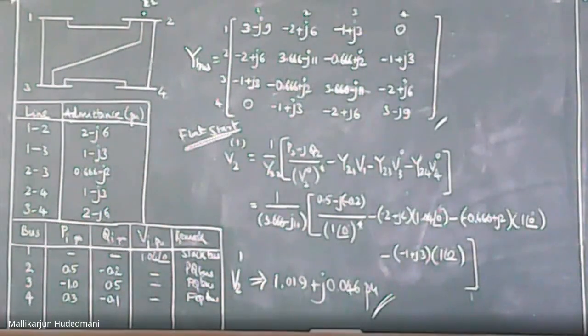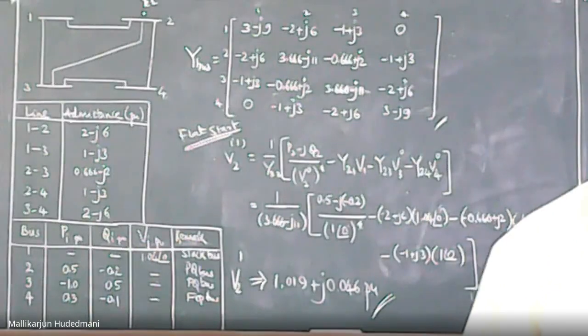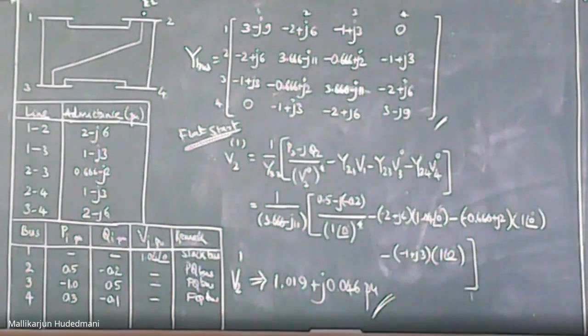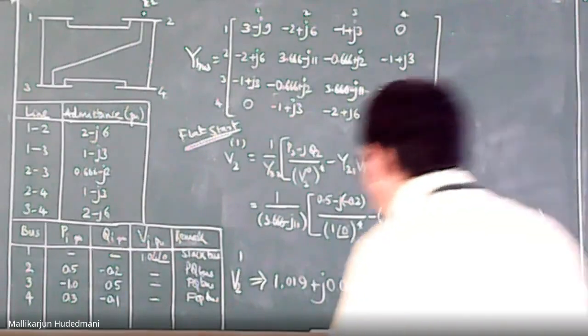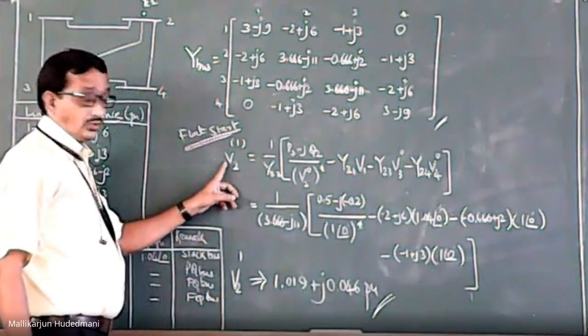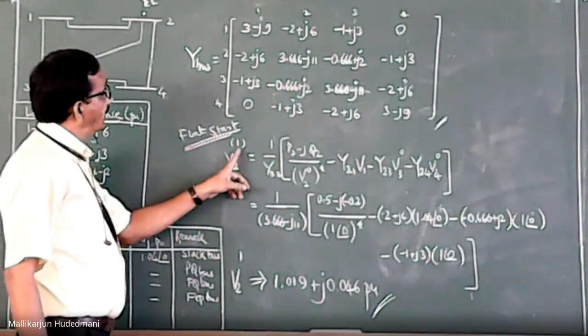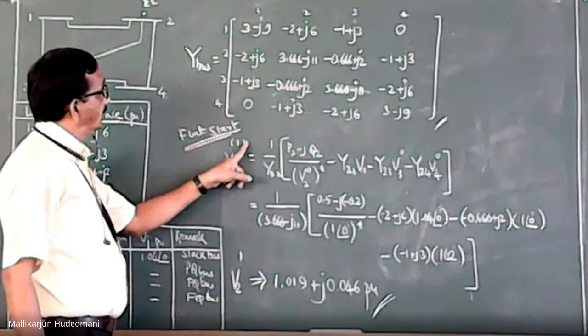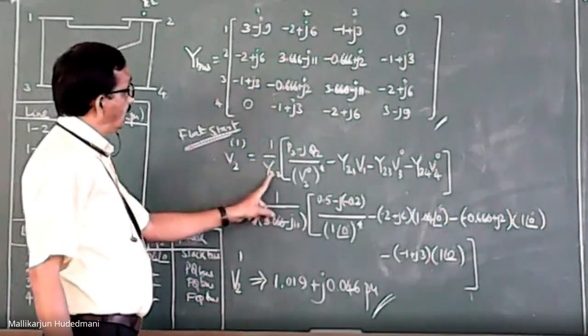This is very necessary for us, because when we want to obtain the voltage solution of this particular problem using the GSLF method, we come across the solution of voltage by the equation mentioned on this board. You can see here V2, the solution of bus voltage 2 at the end of iteration number 1, written as V2^1, which is 1 divided by Y22.